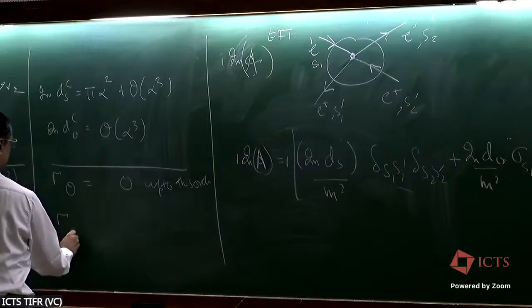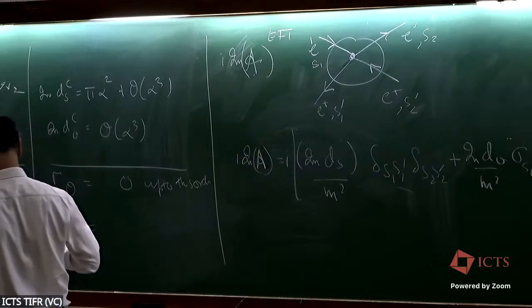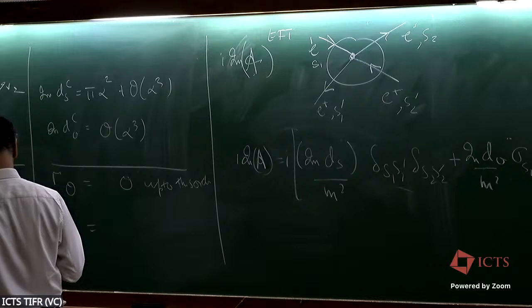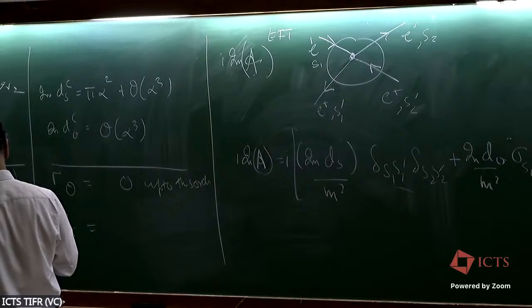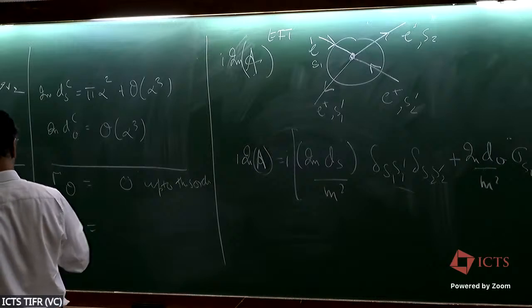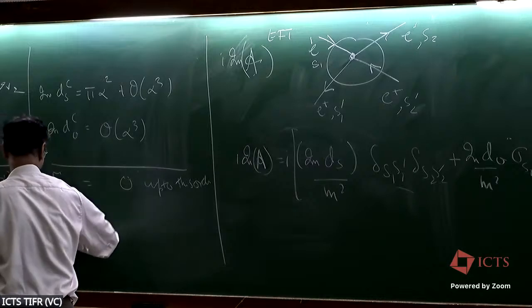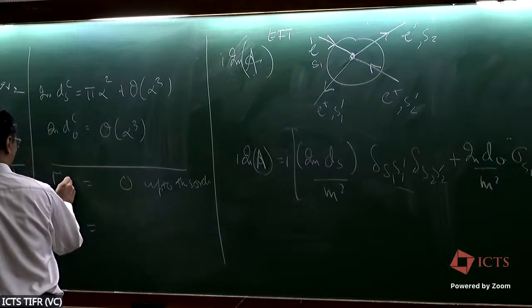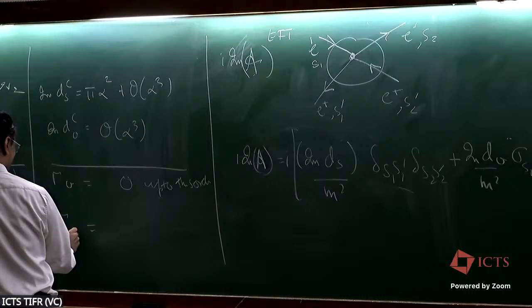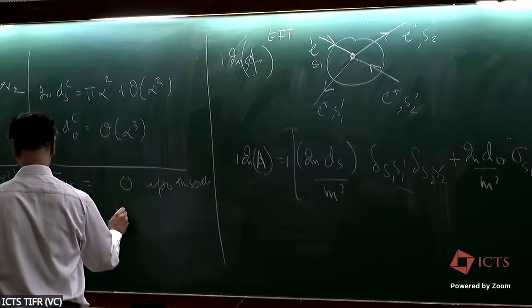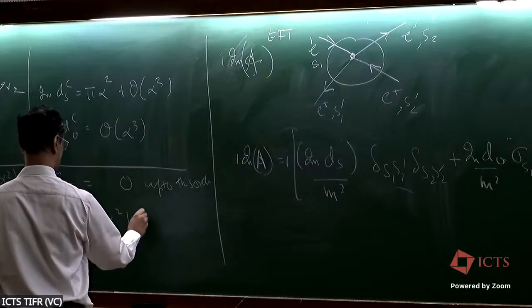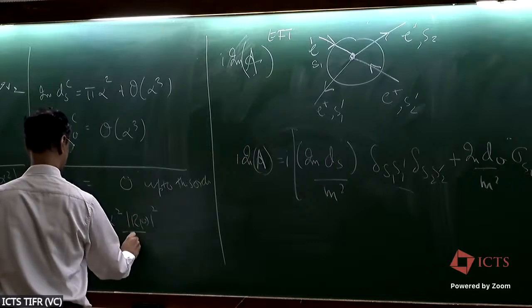Gamma of singlet is equal to... sorry, octet, singlet, sorry. Yeah, gamma of vector is 0 and gamma of singlet is alpha square r0 square by m square.